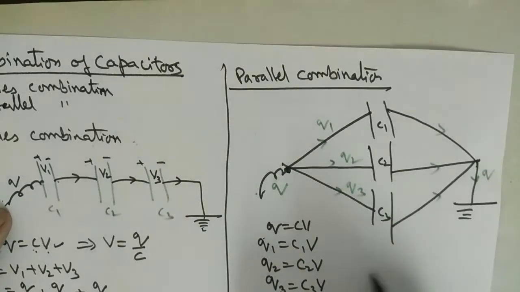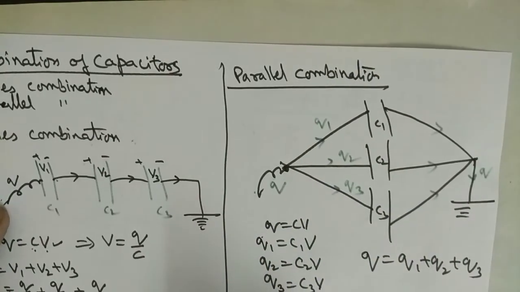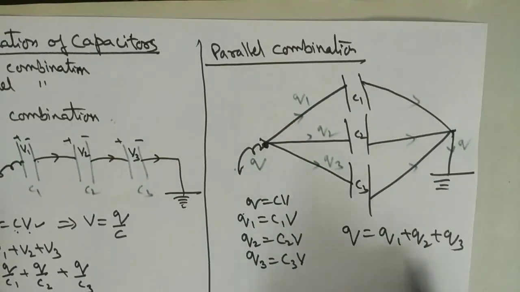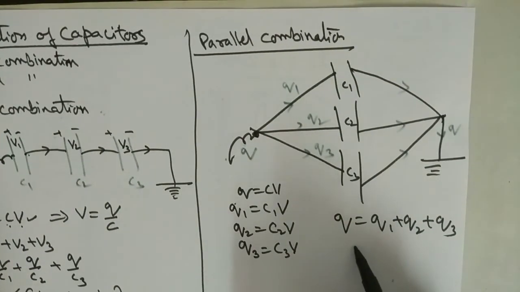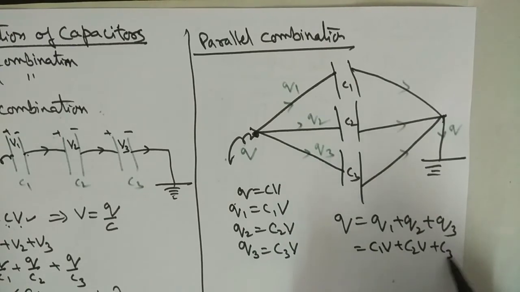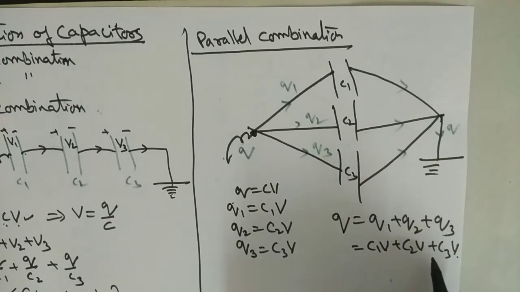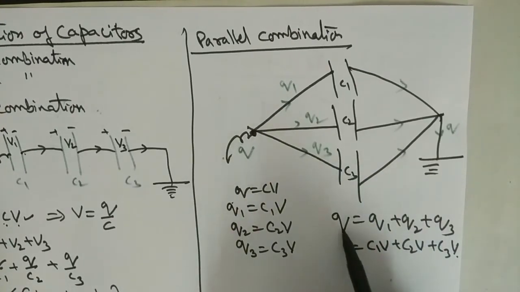And from here you can see Q is equal to Q1 plus Q2 plus Q3. Is it clear? So put the values: it is C1V, C2V, C3V. And if you consider the resultant capacitance is C, in that case you can write Q is equal to CV.